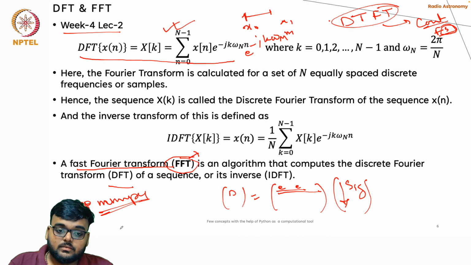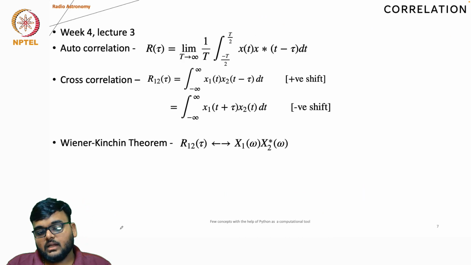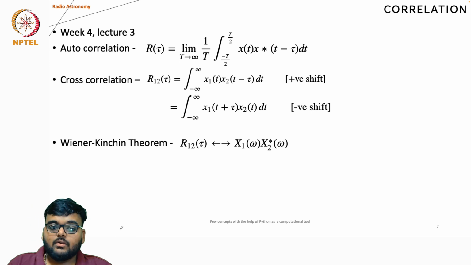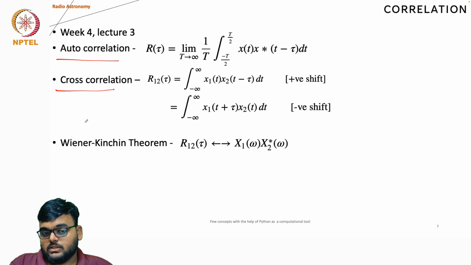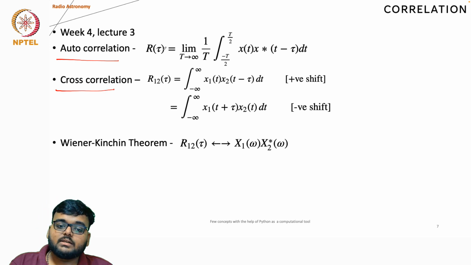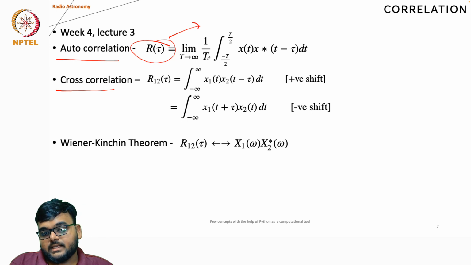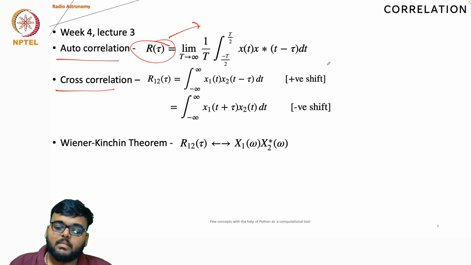So now let's take a look at correlation. What is correlation? There are two types of correlation: autocorrelation and cross correlation. Autocorrelation gives how much a signal is correlated to itself, meaning it will give you signal power.